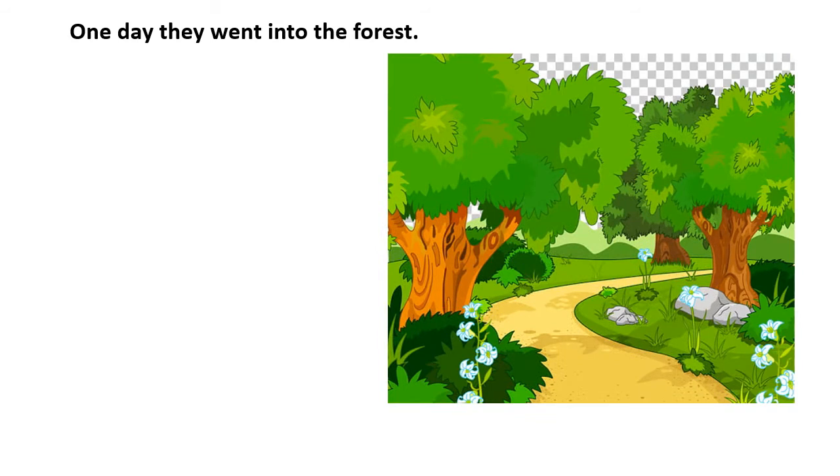Now children, tell me, have you all seen a forest? What is a forest? The forest is a place where we see lots and lots of trees, huge trees, wild plants, wild animals, wild fruits, and many other things.